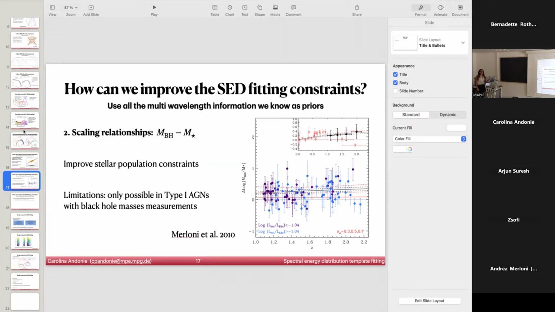In my opinion, with the little red dots it is complicated because, for example, they don't have dust. The typical AGN is supposed to be dust free, so you cannot use the typical AGN SED because you won't see the torus, since there is no torus. In the case of the stellar population, it is also complicated because we know that the mass to light ratio evolves with redshift, and that is at very high redshift.